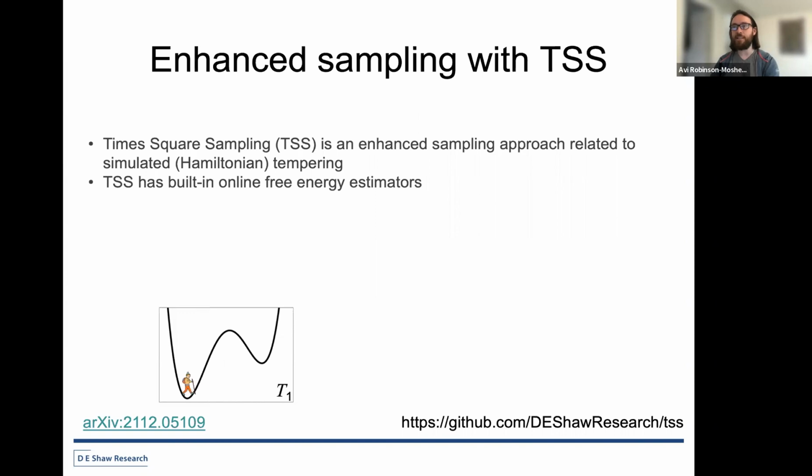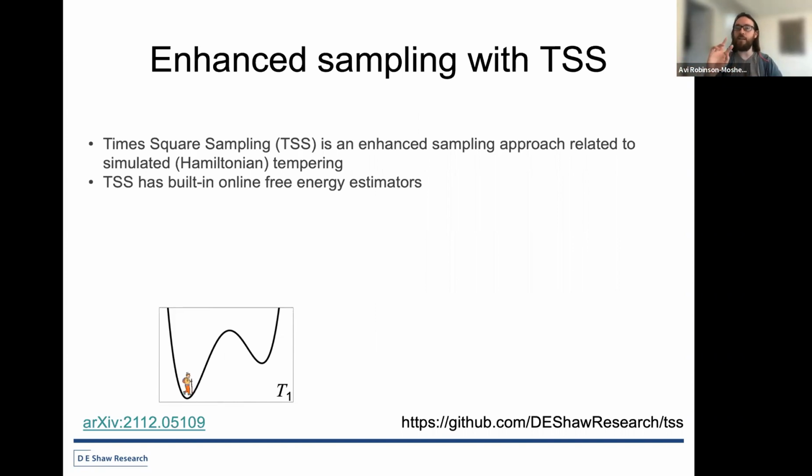This is an enhanced sampling approach that is qualitatively similar to simulated tempering or simulated Hamiltonian tempering, which itself is like a sequential form of replica exchange molecular dynamics, which people may be more familiar with. In replica exchange molecular dynamics, you have a whole bunch of different Hamiltonians, say temperature Hamiltonians, and you're doing separate simulations at each one in parallel.